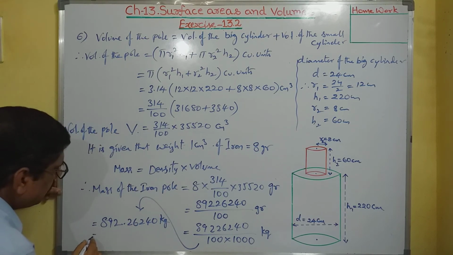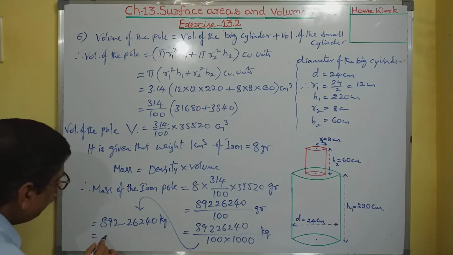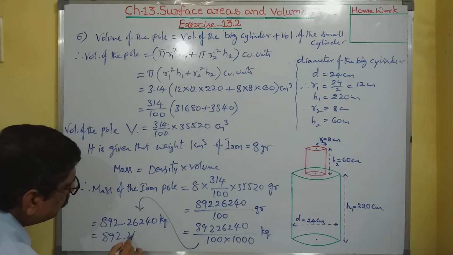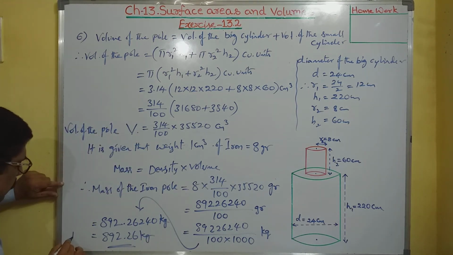Let us correct it to two decimals. So it will be 892.26 kgs. This is the mass of the pole.